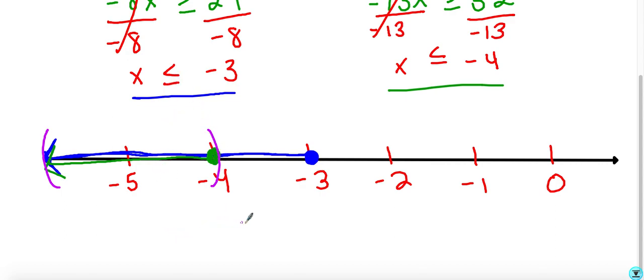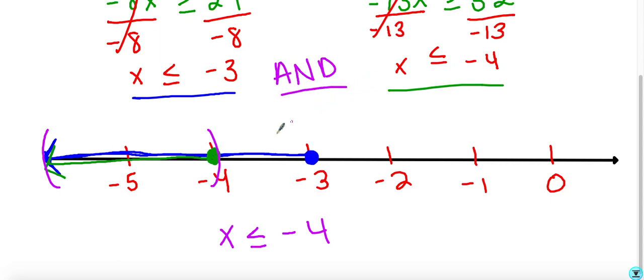So in this case, x is less than or equal to -4, because all values less than and including -4 make these two statements true. Because it's an "and" statement, it has to be true for both, and this is the only way that it will be.